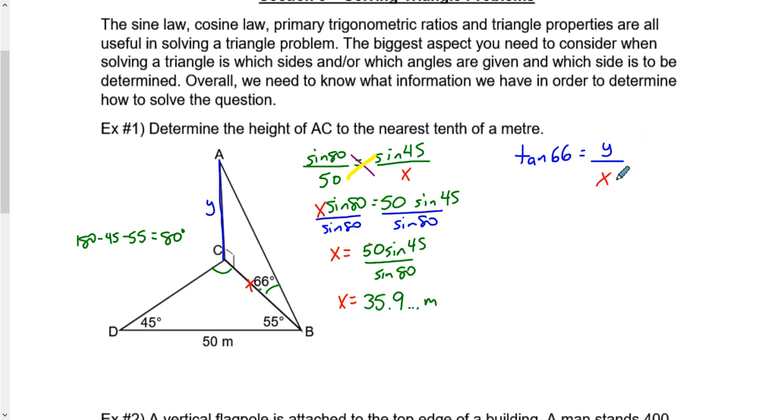So the y over the x, and the x being 35.9. I've kept that in my calculator, which means I can now multiply both sides by 35.9, while keeping that in my calculator.